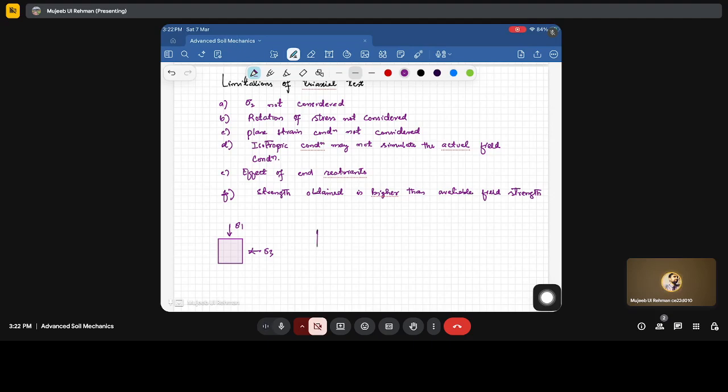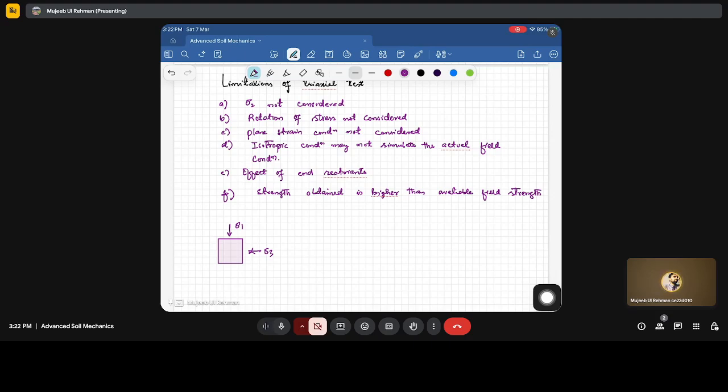For example, in this one sigma 1 will be maximum, here sigma 3 is maximum. So in triaxial, rotation of stresses is not considered, whereas in cyclic loading or earthquake conditions there is a continuous rotation of the stresses.